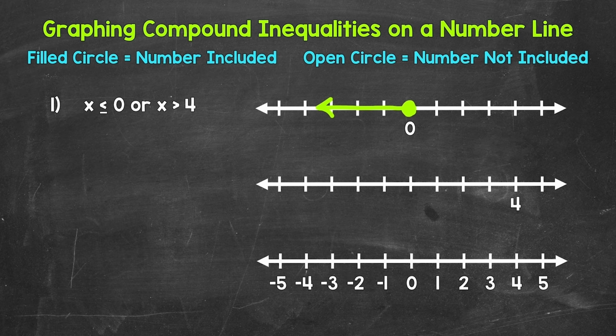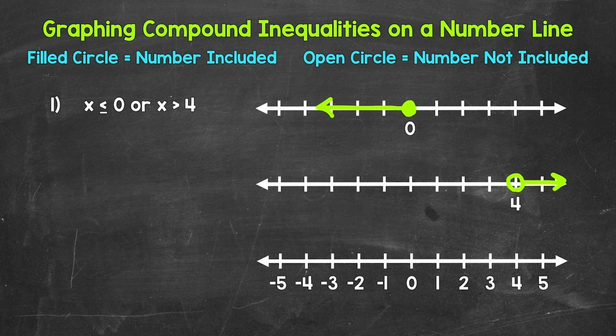Next, we have x is greater than 4. So we need an open circle at 4. 4 is not included. And then we need an arrow going right representing everything greater than 4. And that's x is greater than 4. Anything greater than 4 is a solution.